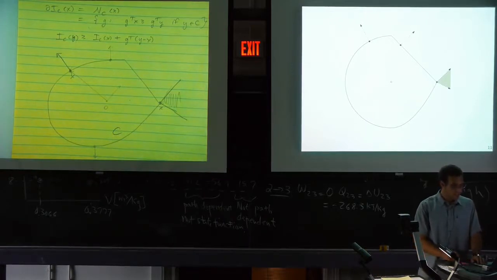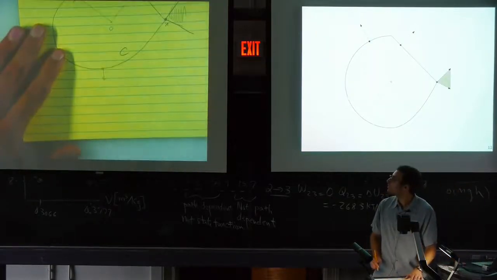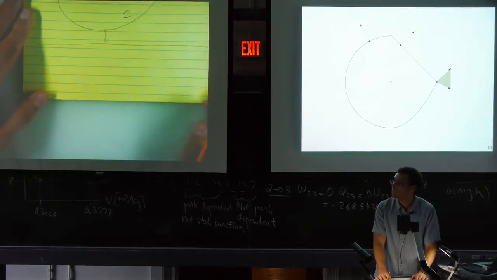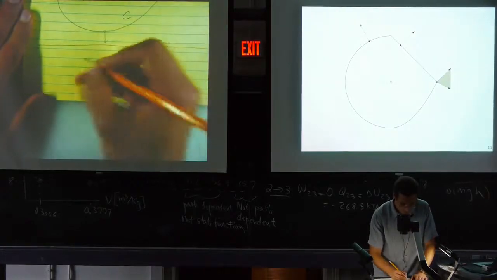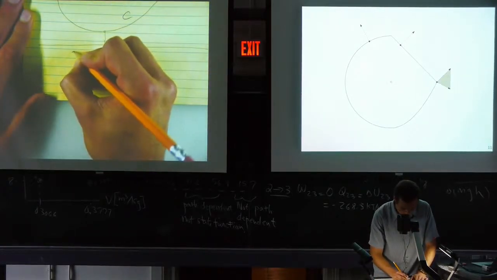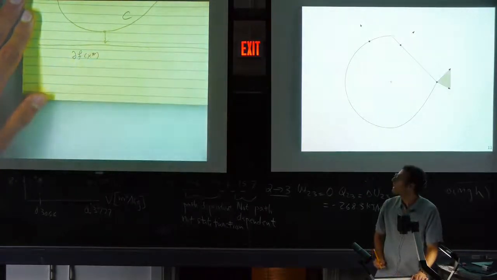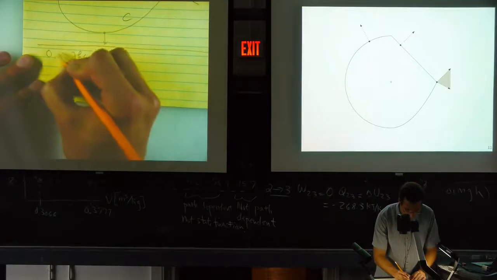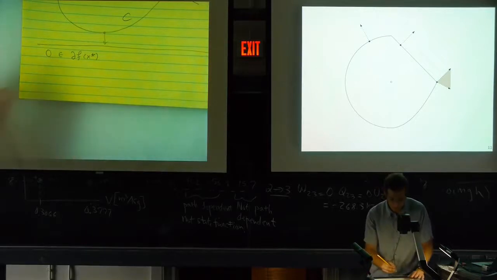Okay, so why is this interesting? Why do we care about the subgradients of indicator functions? I'll give you one good reason here. Eventually, we're going to prove that a point x star minimizes a function f if and only if 0 is a subgradient of f at x star.